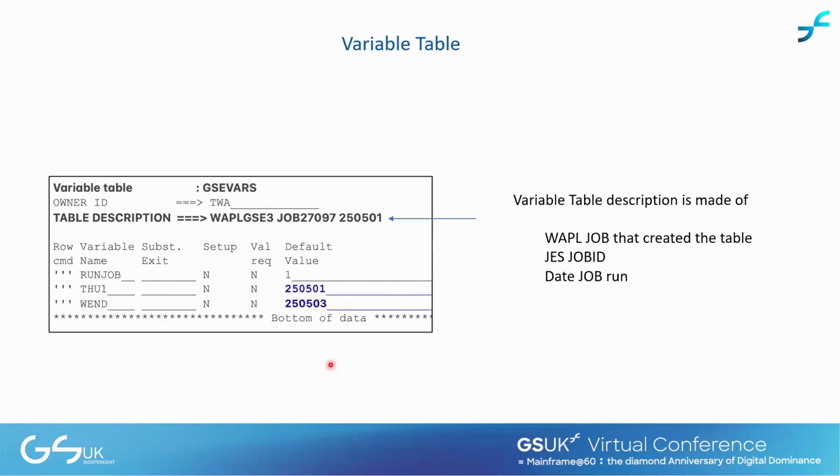This is how the JCL variable table will look like after the WAPL job runs. Here you can see when the WAPL job completes, it will write in that table the value of those three variables, the name, the value, and also it will display detailed information about the name of the job that updated those variables, the JES ID, and also the date when this was performed.